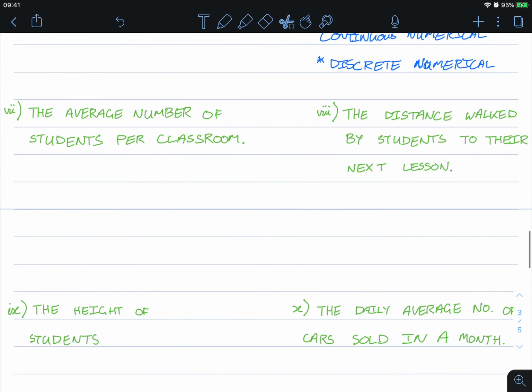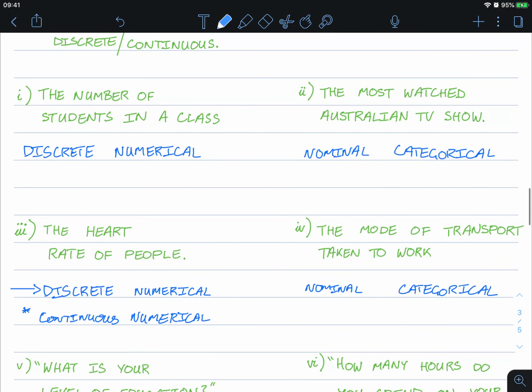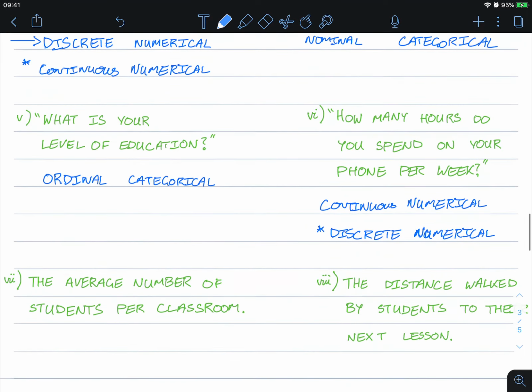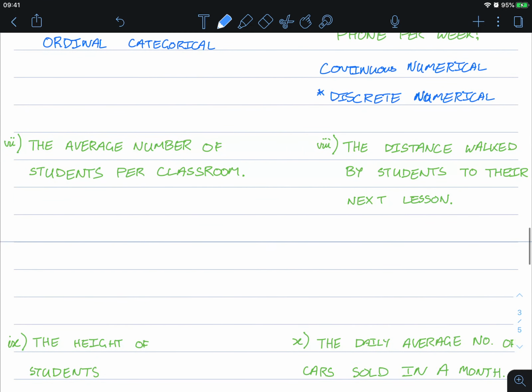The average number of students per classroom. Now this might seem very similar to the first one here, the number of students in a class versus the average number of students per classroom. By adding the word average, we may take the total number of students in a school divided by how many classrooms there are.